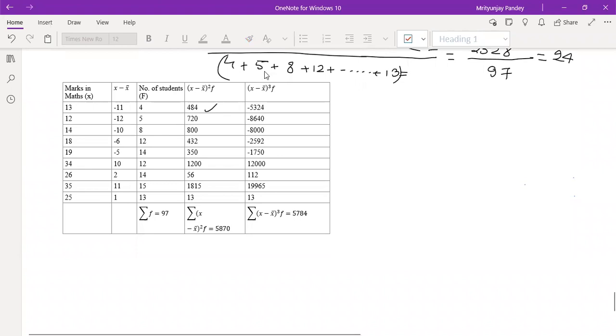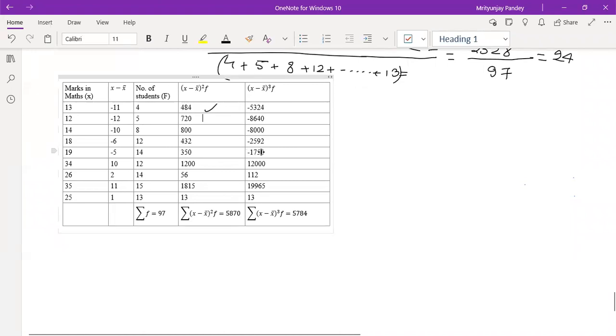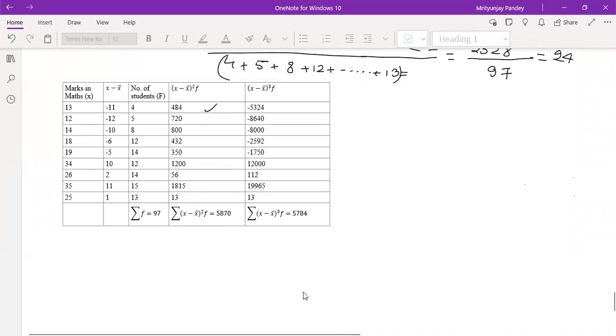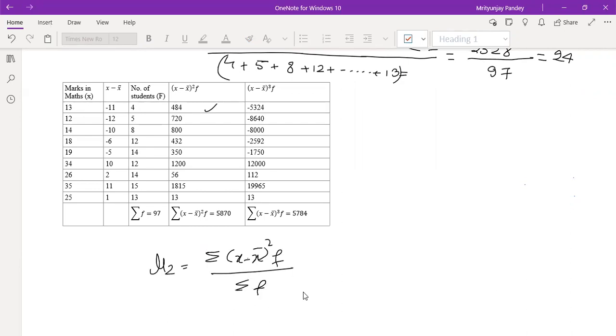Now find the summation of x minus x bar the whole square into f. So that will be 5870. Finally find the value of mu2, that is summation of x minus x bar whole square into f divided by summation f. So 5870 divided by summation f, that is 97.